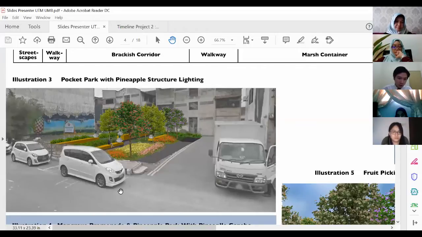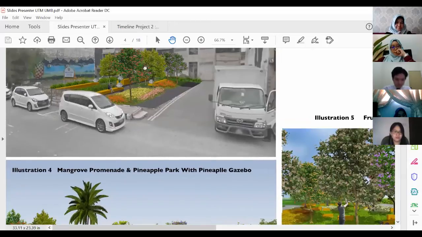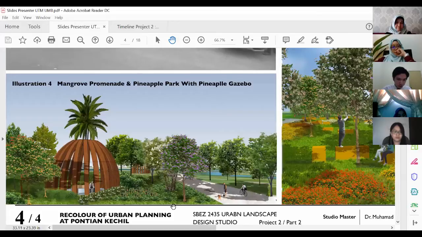So I propose pineapple structure lighting to represent the identity of Pontian, like the pineapple jumping out from the mirror arc into the pocket park.